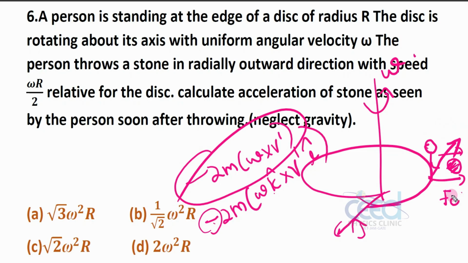So centrifugal force acts away from the circular path. This is rotating like this, so away radially outward from the circular path, that is centrifugal, and this is the minus j cap direction, that is F Coriolis force. Then what is the resultant force?